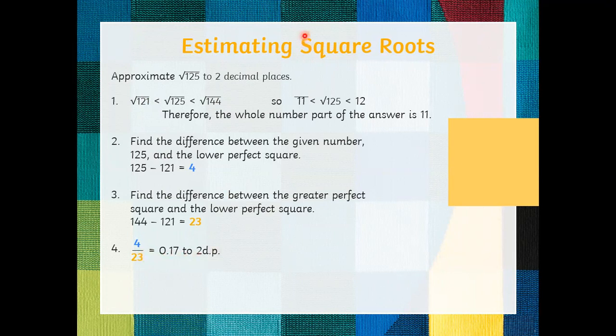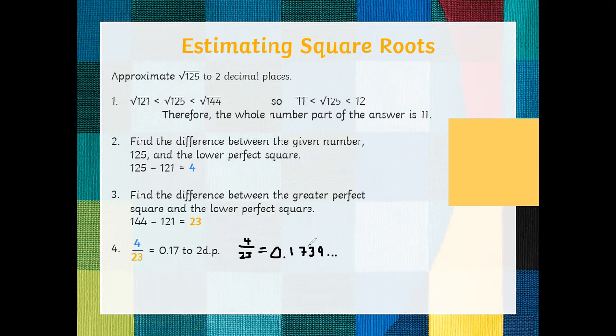So if we write this out, 4 over 23 is equal to, you'll probably have to use your calculator to work that out, 0.1739, and there would be more numbers here. And now we are asked to round it off to 2 decimal places.